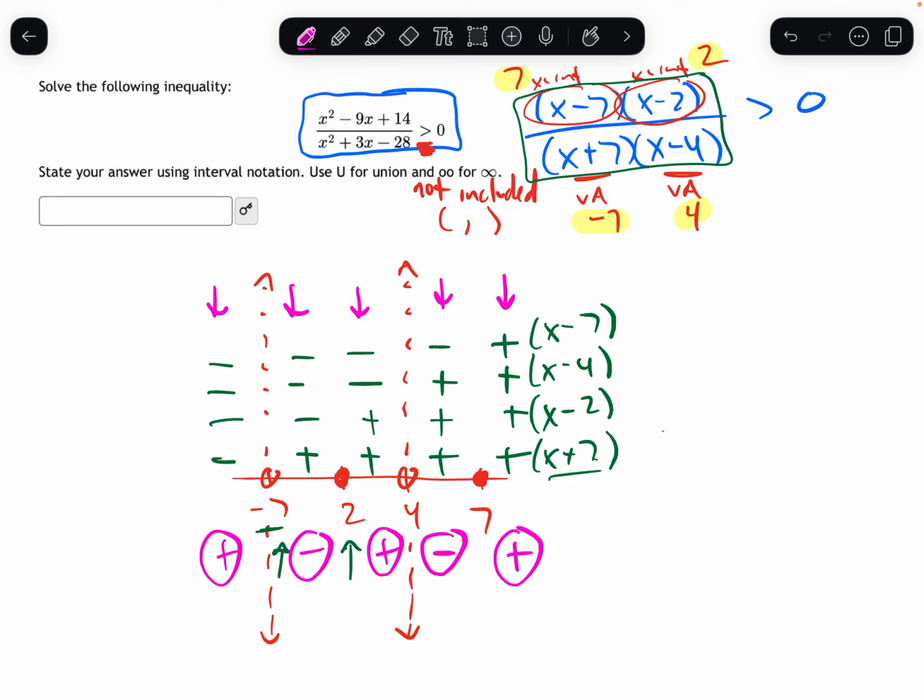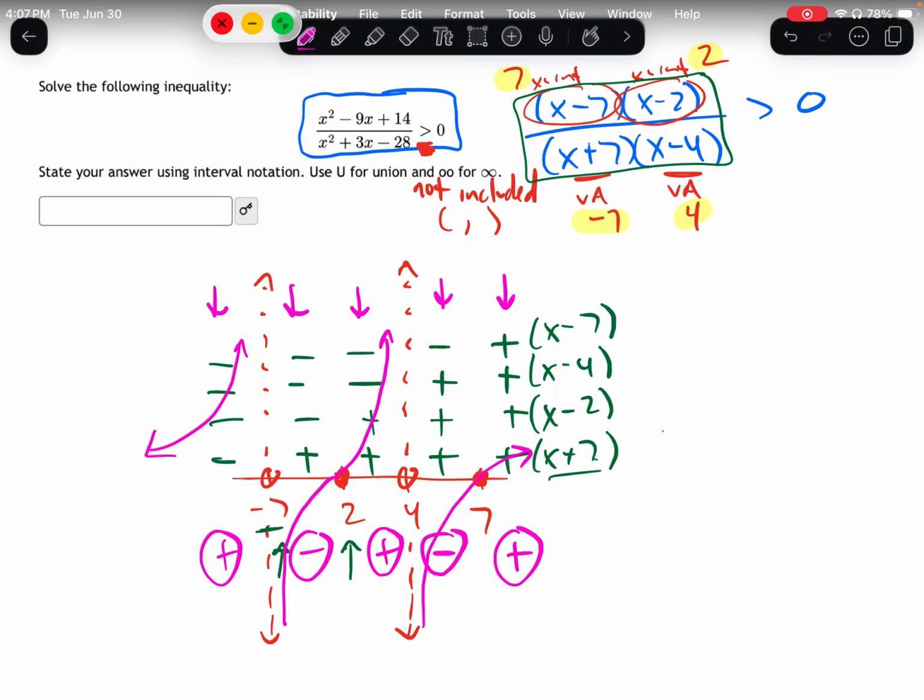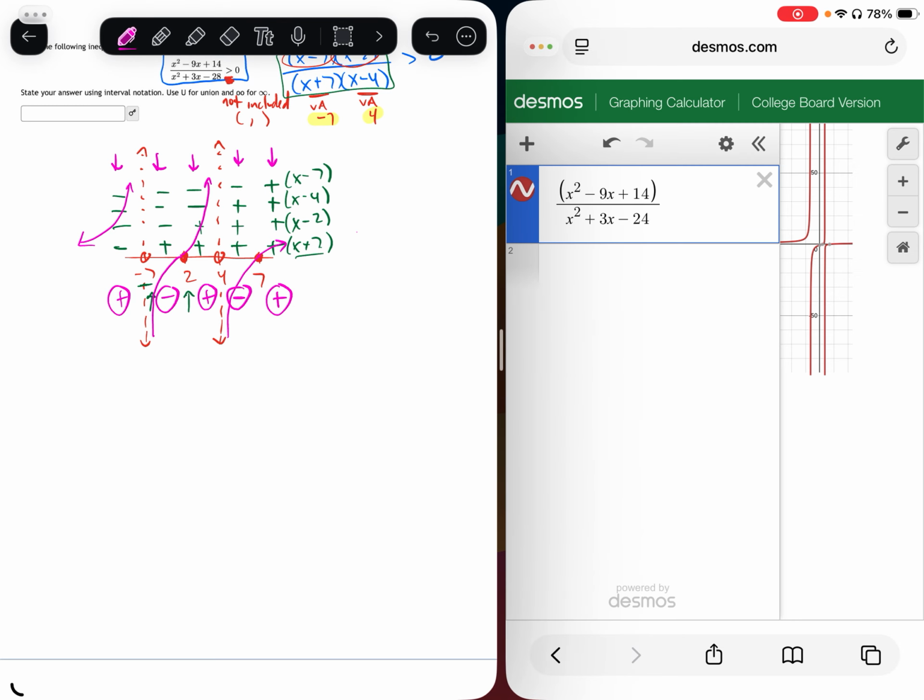What this is telling us is that our graph is going to be positive in this interval, negative in this interval, it's going to pass through 2 and then switch to positive in this interval, negative in this interval, and then positive in this interval. I've written this because I've already peeked at what the graph looks like. It's not a bad idea to see what that graph is.